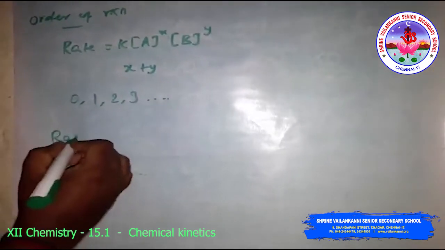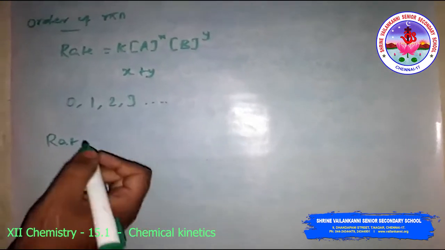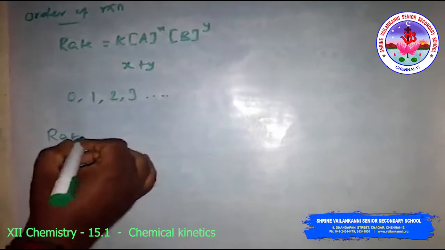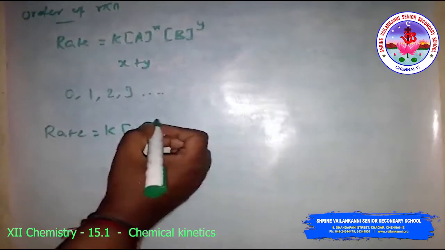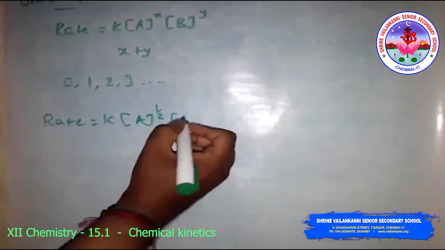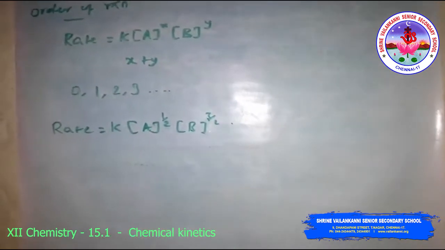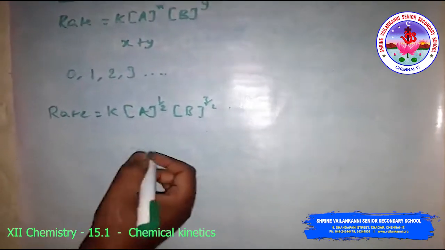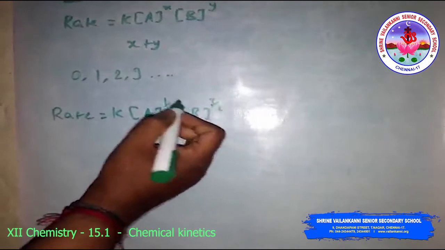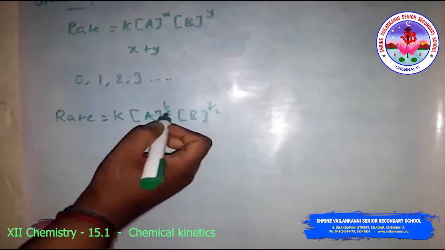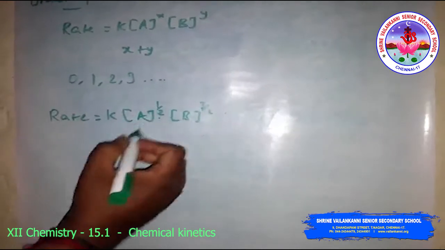For example, calculate the overall order of the reaction for the rate law expression rate is equal to K into concentration of A power 1 by 2, concentration of B power 3 by 2. We find the sum of the powers of the concentrations.